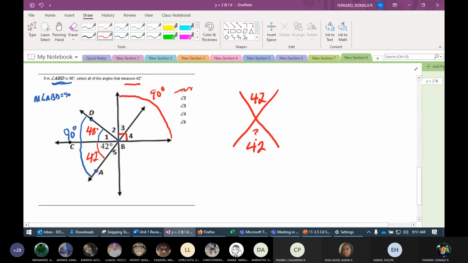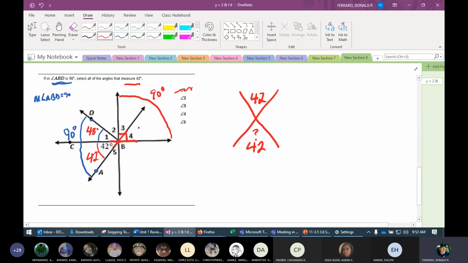So if you look at the sides of that angle and you just continue them on, angle 4 and this one that are 42, they are opposite angles, right? So what do you think the measurement of angle 4 is? 42.